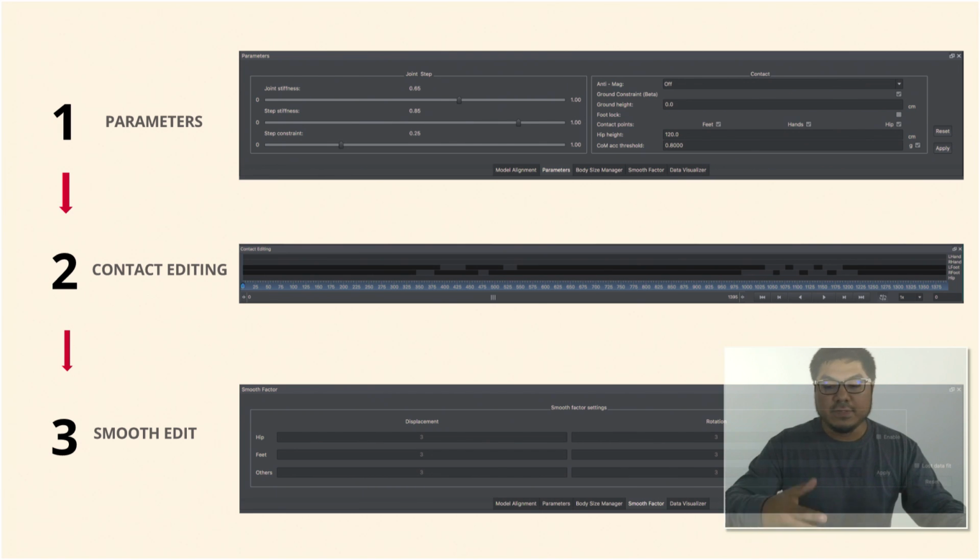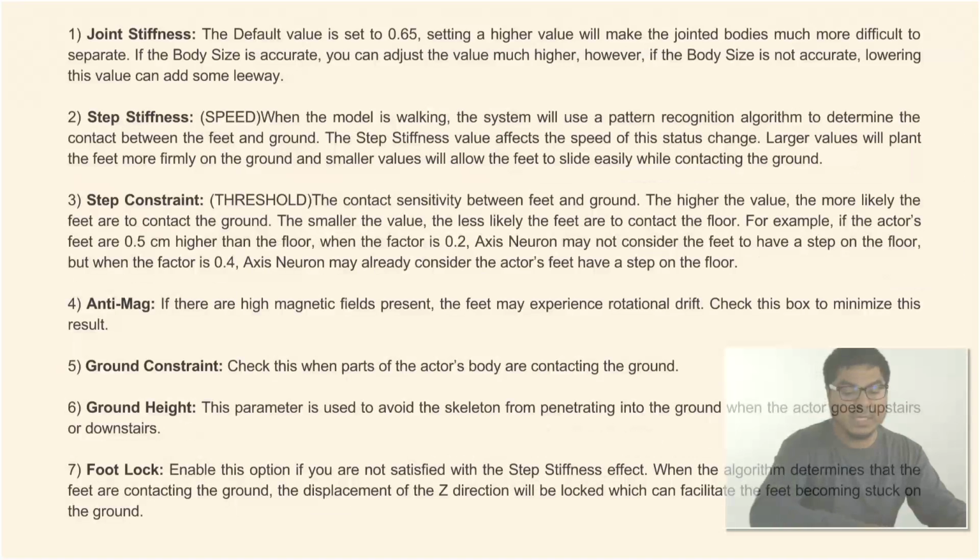Given the situation here, let's say we have parameters here. I'll go over parameters briefly. I have a little text document here so that you can see it. The text here is also available in our manual, so if you don't see the entire text, definitely check out our manual where you can see this information. This is part of the parameters field inside of Axis Neuron.